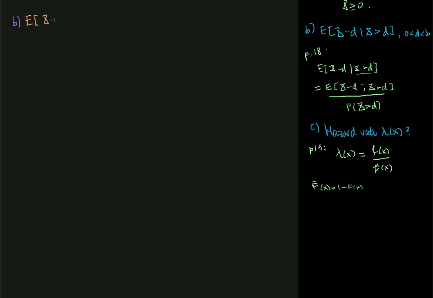So the mean of x minus d, given that x is greater than d, where we assume that d lies between 0 and b. So let us just start out by writing that instead. Have a little bit of rigorousness in here. So assume d belongs somewhere between 0 and b.